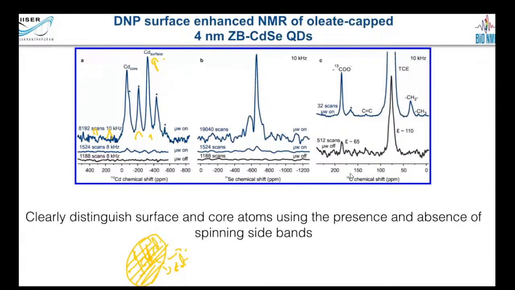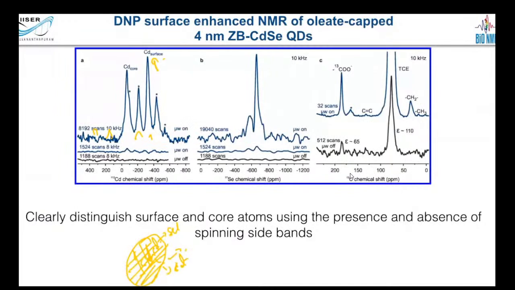You see that, right? In the selenium also, you should be able to. One good thing is that selenium does not have so many sidebands, and you can see that selenium is single. What does it mean? It means that selenium is not found in the peripheral, in the edges of the quantum dot. It is mostly found inside the core.